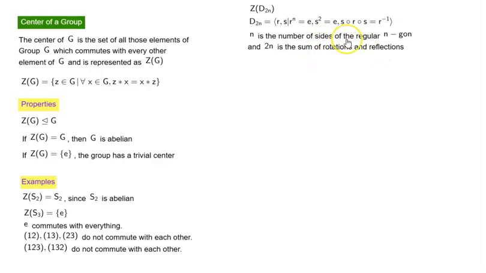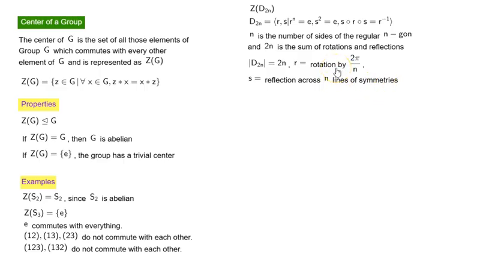Let's relate it to geometrical figures. In that case, n is the number of sides of the regular n-gon and 2n is the sum of rotations and reflections. So the order of D2n is equal to 2n, r is rotation by 2 pi by n, and s is the reflection across n lines of symmetry.